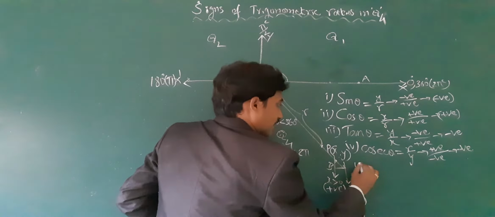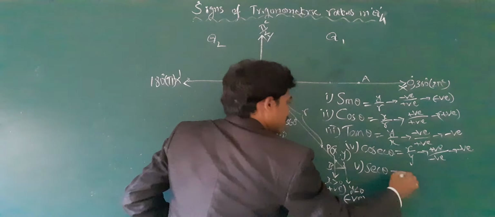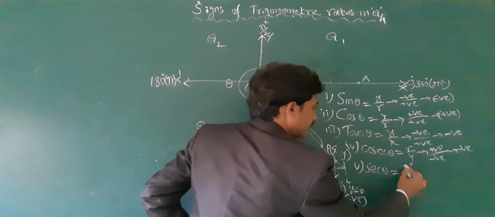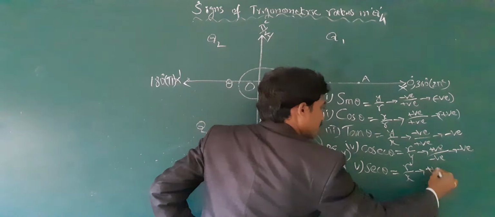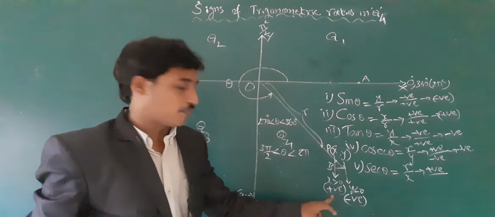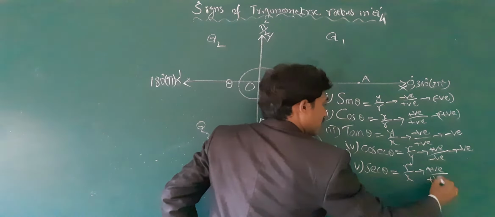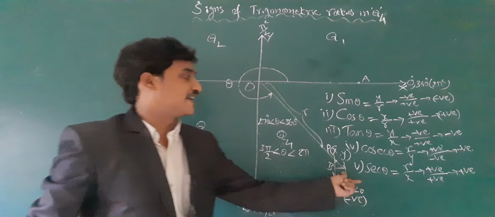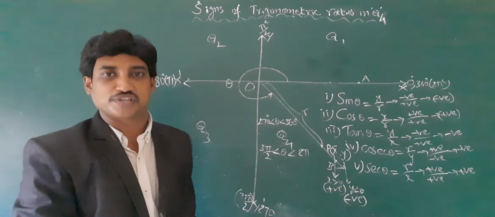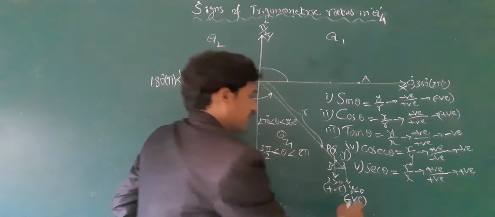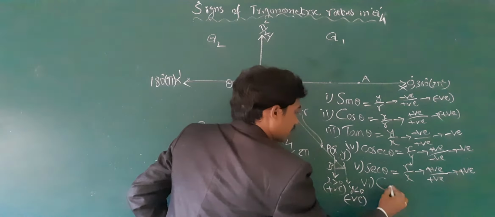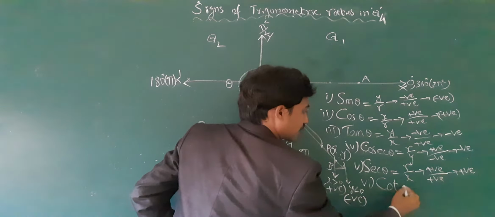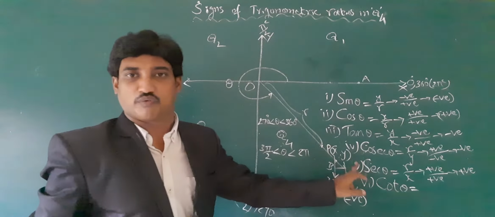Next, secant theta. Secant theta is r by x. That is r is positive and x also positive. Positive by positive. So secant theta is positive in the fourth quadrant. Finally, cot theta is x by y.